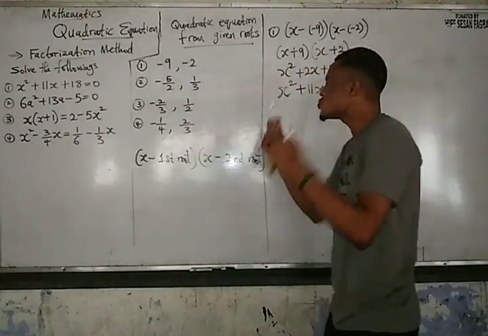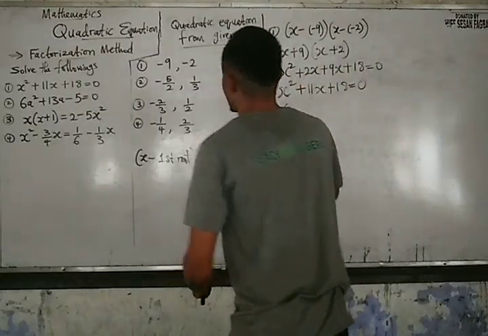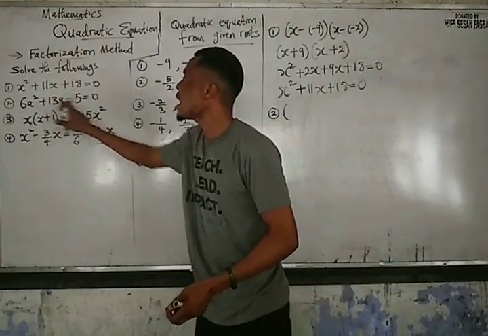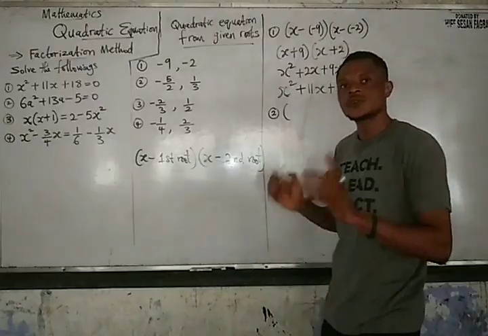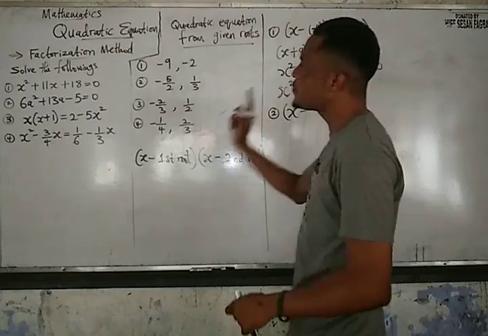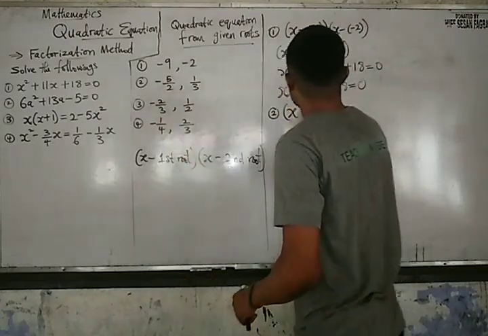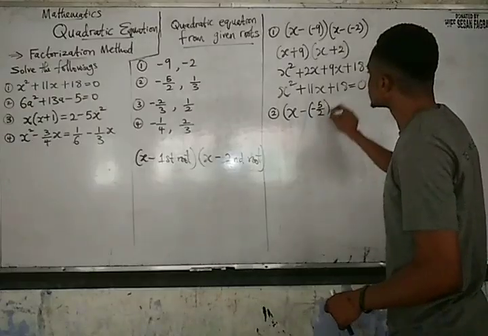So we solve it all over again. Of course, they use a as the variable. It does not matter whether you are using a or x, so far it is a variable. So we have x minus the first root, which is minus 5 all over 2.